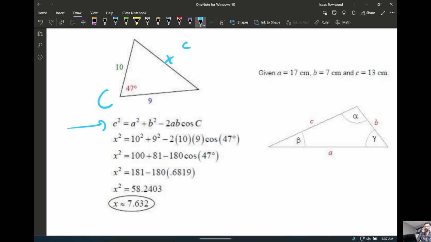I would just let my calculator do the next three steps personally. I don't think it's any easier to do some of this in your head and some in your calculator, but you get all the way down to what x squared equals, and then to go from x squared to x, they just took the square root of both sides. So if you know the formula, plug the numbers in correctly, and your calculator's in degree mode, it's pretty hard to mess up because it works for all triangles.